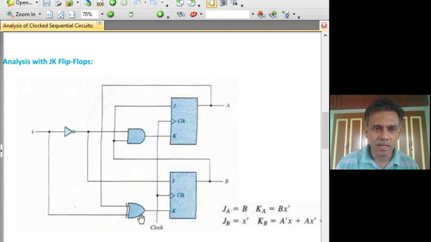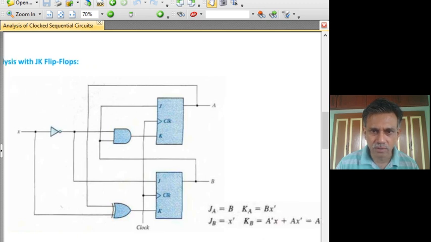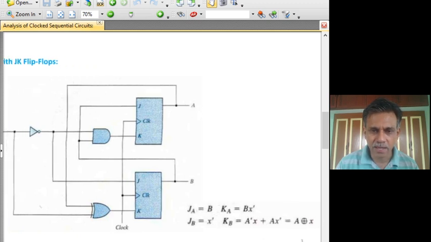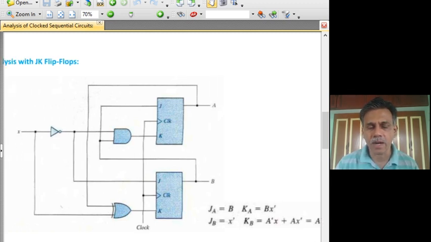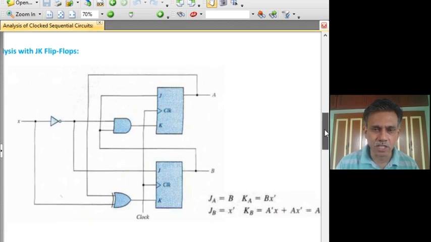And KB is an exclusive OR of two inputs: one is X itself and another is A. So it is basically A exclusive OR X, which can be written as A bar X plus AX bar. So once we know these conditions, then we can construct the state table for the JK flip-flops.